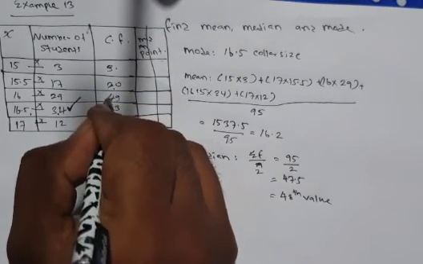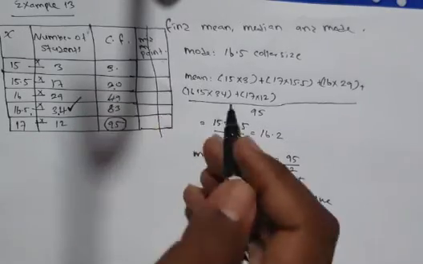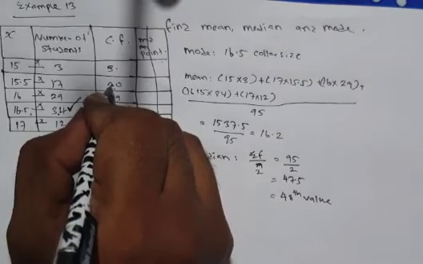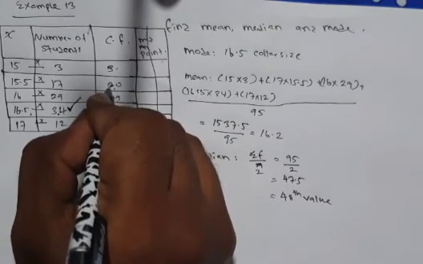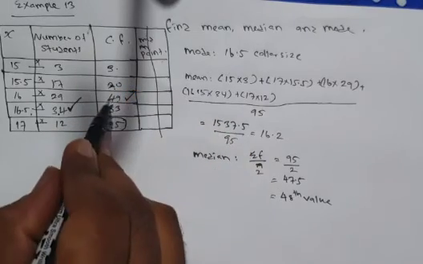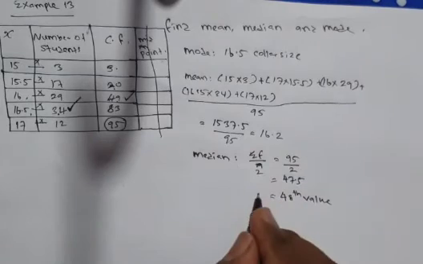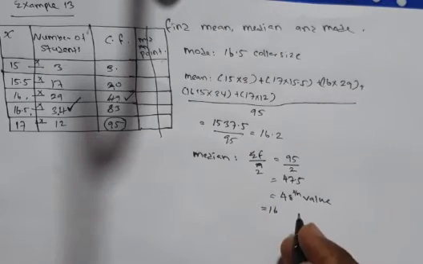Out of these two, which is the highest? 49, right? So we consider 49 and then see what the X value is. That X value is 16, so that is our median.